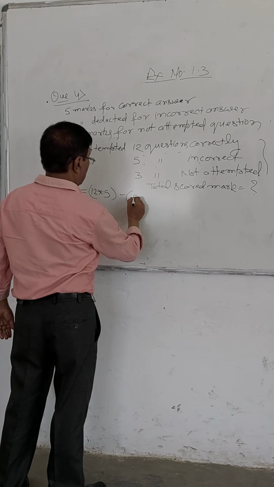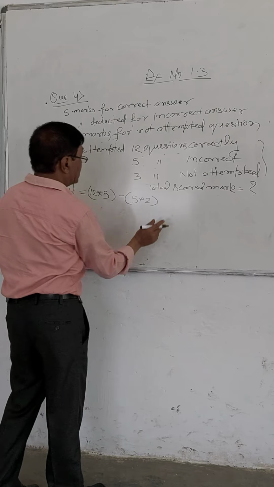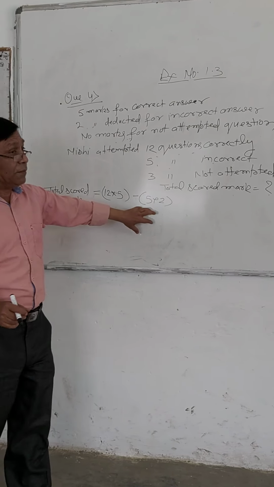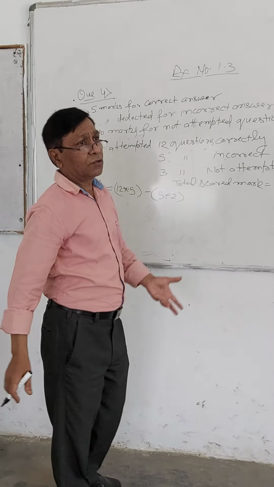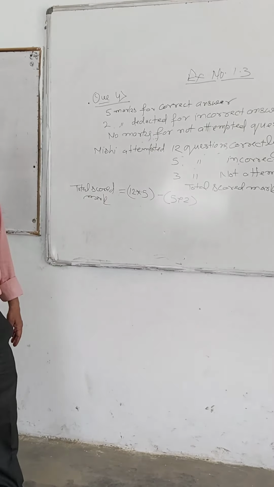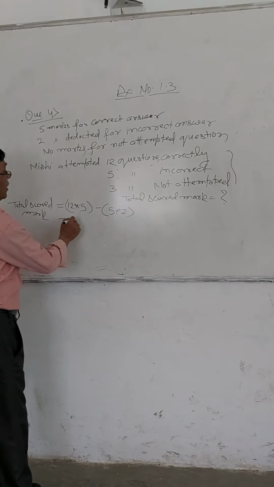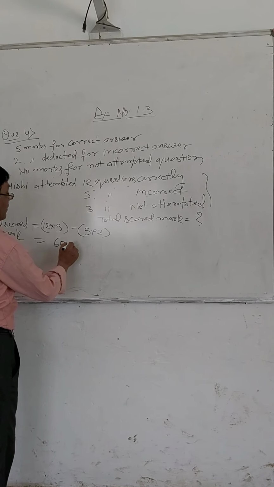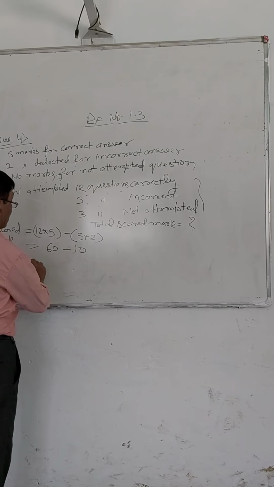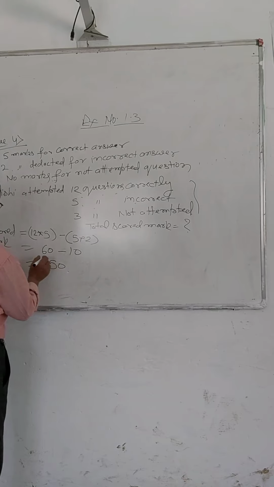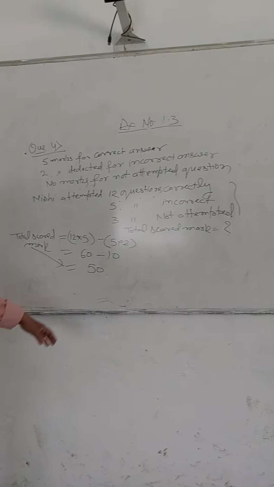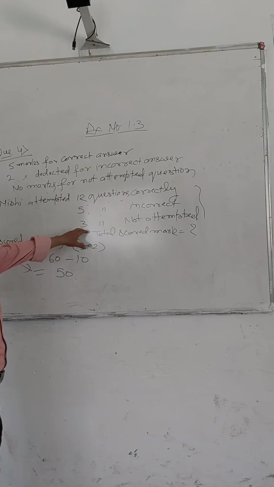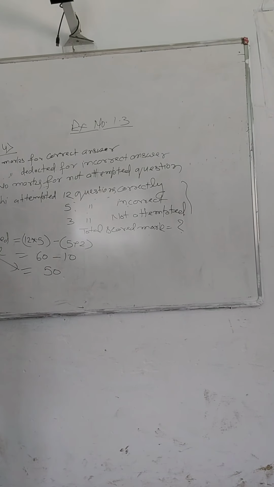So 5 into 2 will be deducted from this, and 3 are not attempted, so nothing will change. So 12 into 5, 60, minus 10 is equal to 50 marks. So his total mark will be 50, because 3 are not attempted, so he will not get any mark.